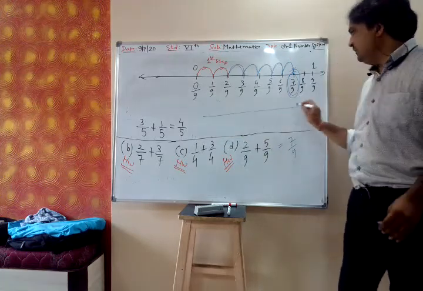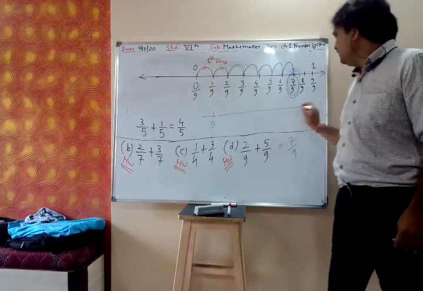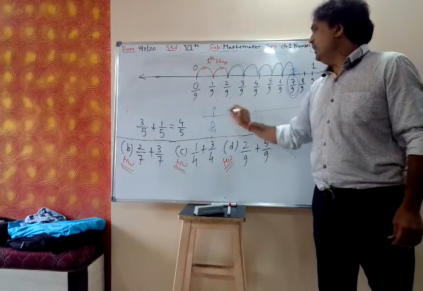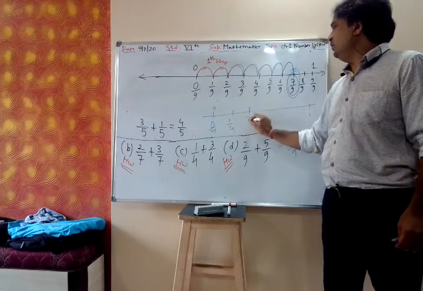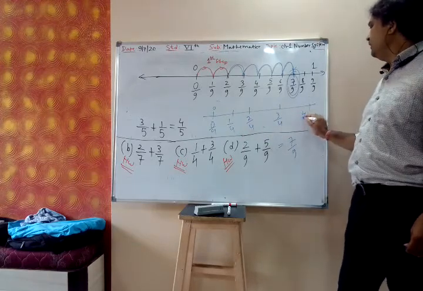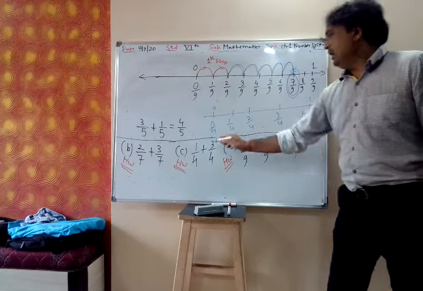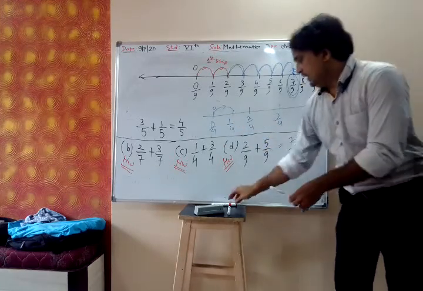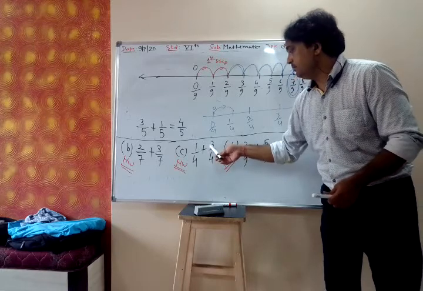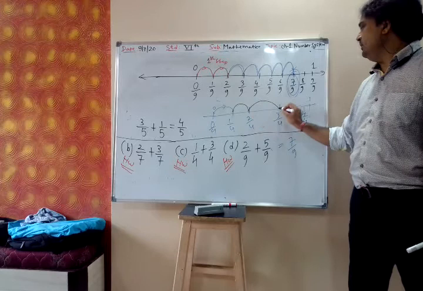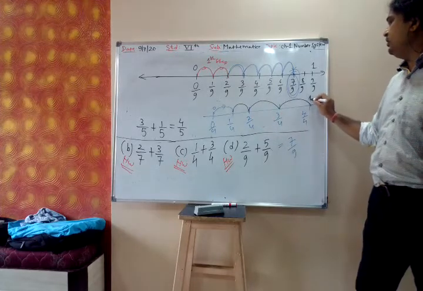C1, see here. Divide the number line between 0 to 1 into 4 equal parts. So 1 upon 4, 2 upon 4, 3 upon 4, and this is 4 upon 4, 1. So 1 upon 4 is this, 1 step to the right. Then I will make 3 jumps. 1 jump, 2 jump, 3 jump. Where we reach? We reach the point 1.